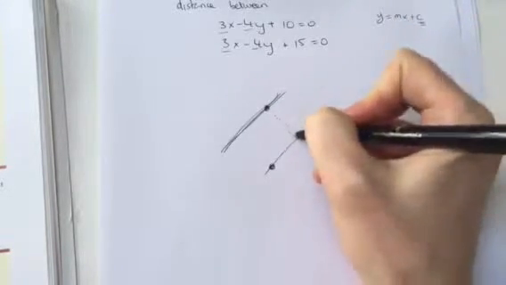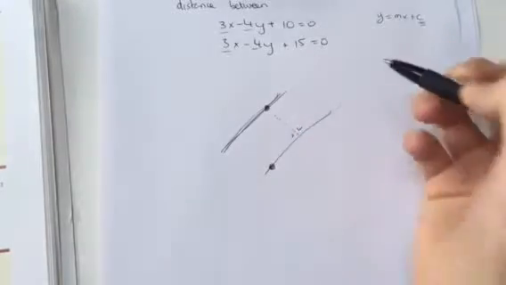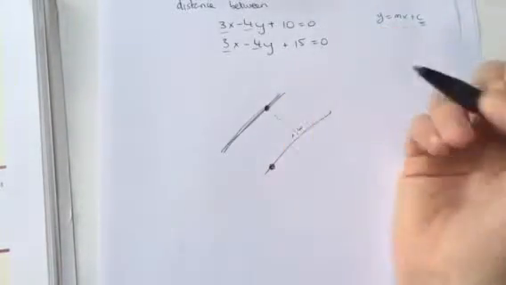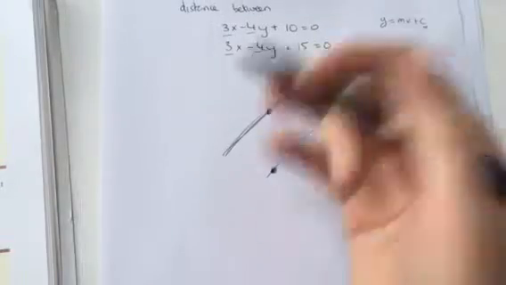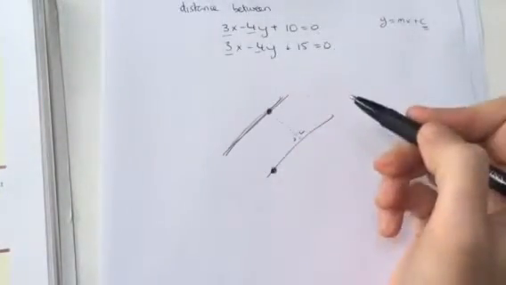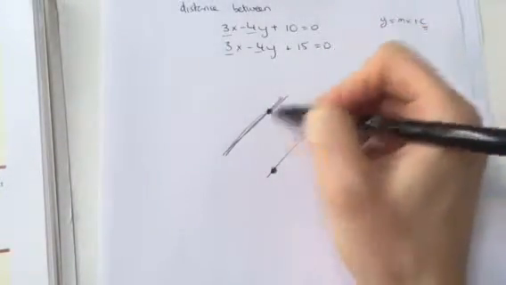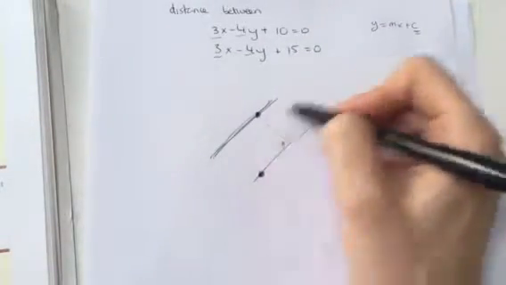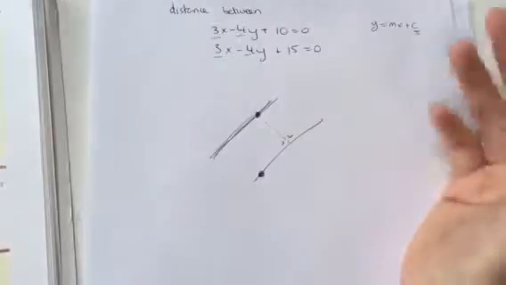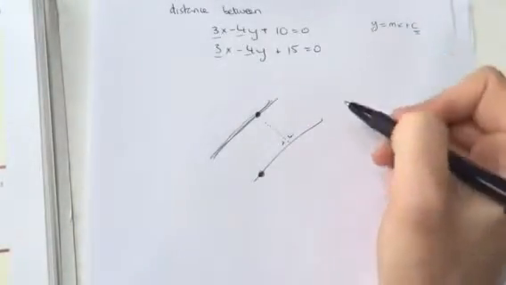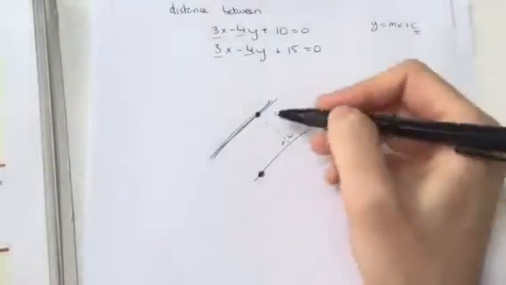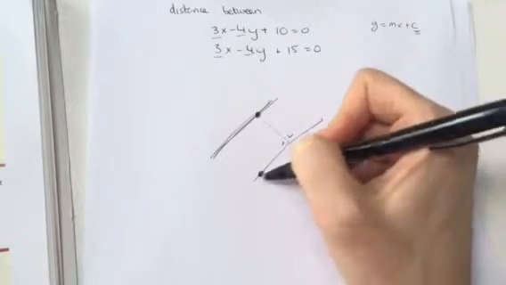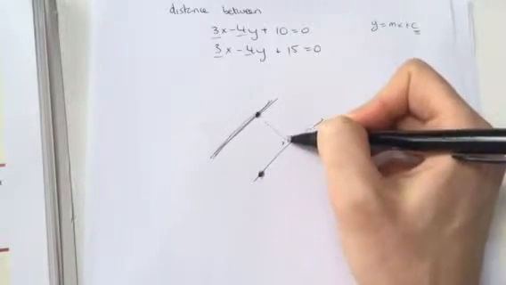And the shortest distance is the perpendicular distance. If I find 2 random points on my lines, maybe where this one cuts the x-axis and where this one cuts the x-axis, or the y-axis, and so on, these are probably going to be 2 random points, and they're not going to be the shortest distance.